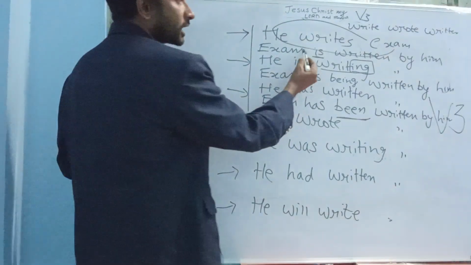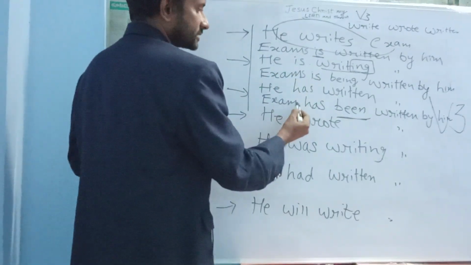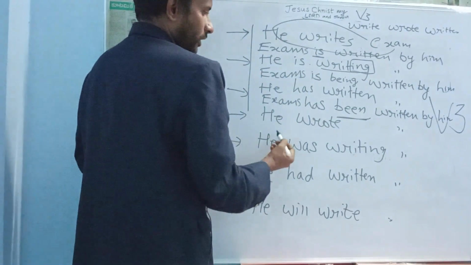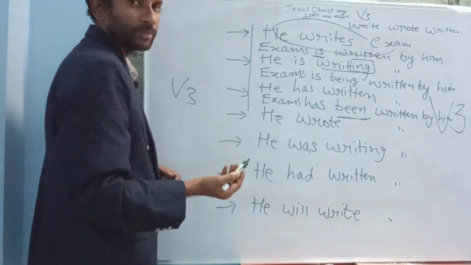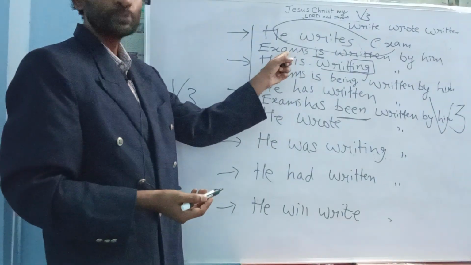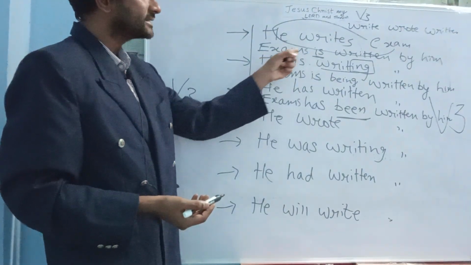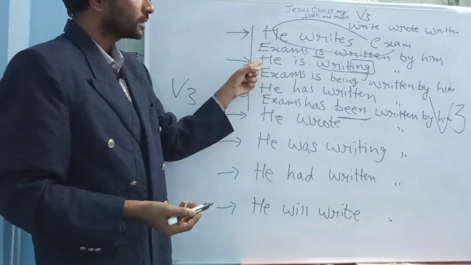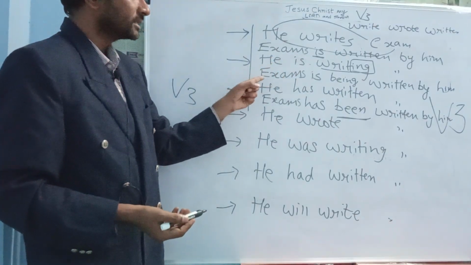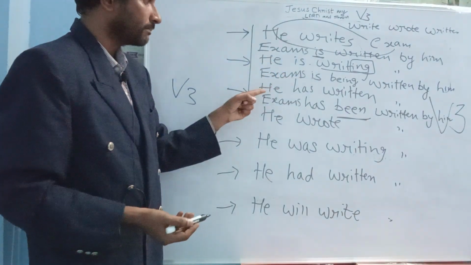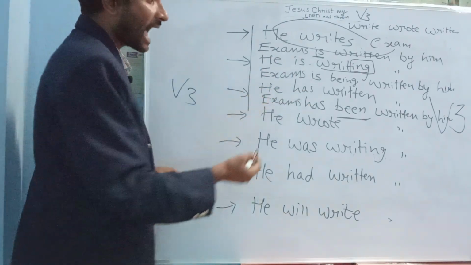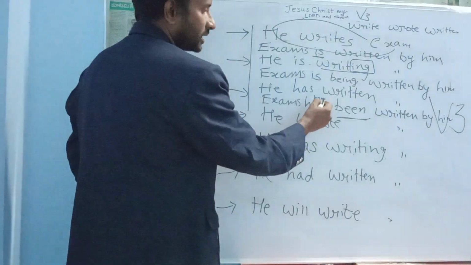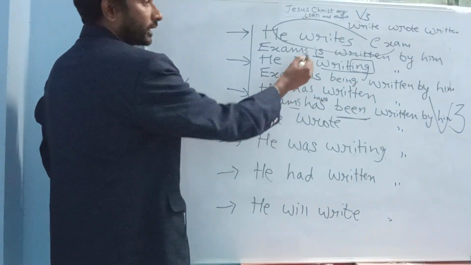Sometimes if it is plural, exams, then instead of is we have to use are, because exams is plural. Exams are written by him. He is writing exams, exams are being written by him. He has written exams, exams have been written by him, H-A-V-E, have been, because it is plural.